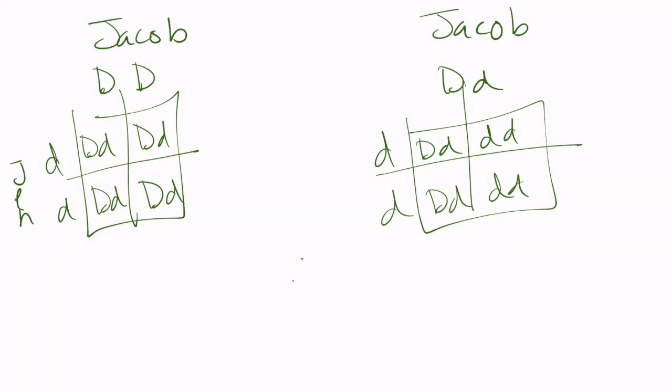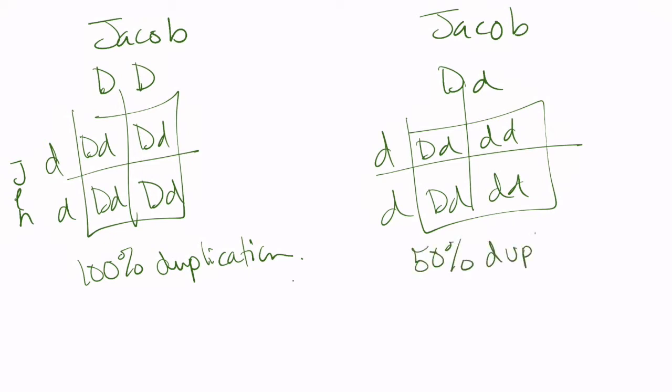Okay, so if Jacob is homozygous dominant for duplication, then the chances that he's going to have a child that duplicates is 100%. Okay, if Jacob is heterozygous, he has a 50-50 chance of duplication or animation.